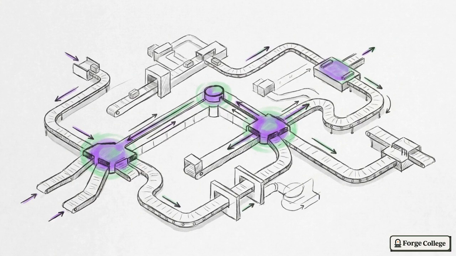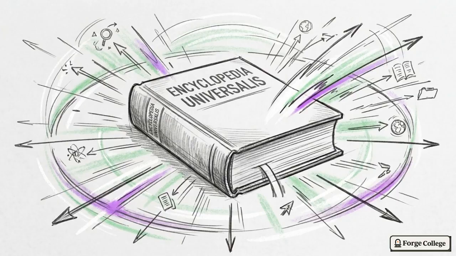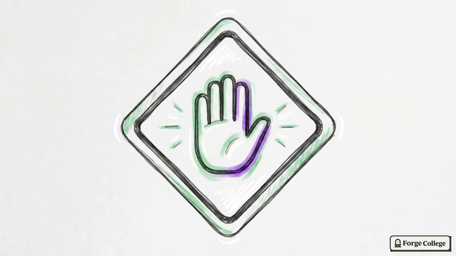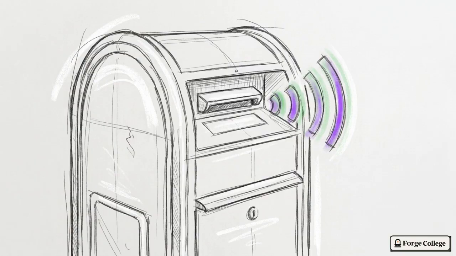Imagine a giant metropolitan mailroom serving a massive city. If every single person in that city decided to mail a heavy encyclopedia to every other person at the exact same moment, the delivery trucks would jam the streets, and the entire logistical system would freeze up. Ethereum faces a similar challenge with its data. To avoid a digital traffic jam, the network operates like a highly organized and slightly gossipy postal service.